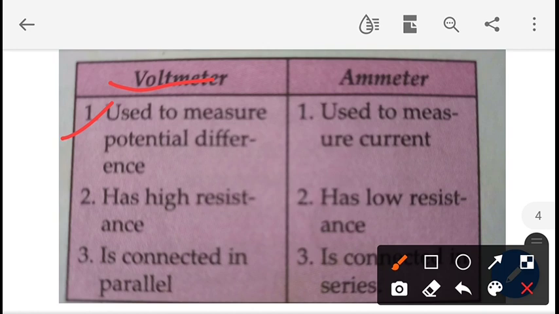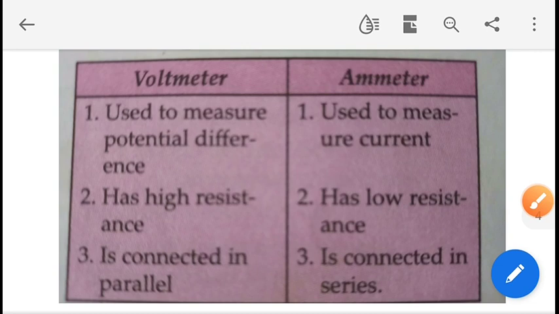The voltmeter has high resistance, and the ammeter has low resistance. What is resistance? I will explain this in subsequent classes, don't worry about that. The voltmeter is always connected in parallel, and I will explain what parallel is in the next class. The third point is that the ammeter is connected in series. So wait for the next video, where I will explain what series and parallel combinations are, and what the resistance of a conductor is.